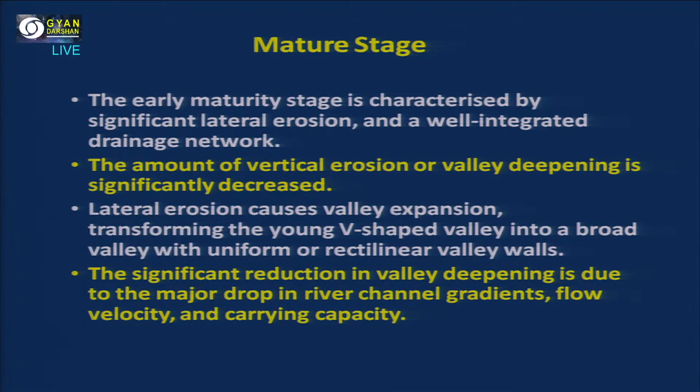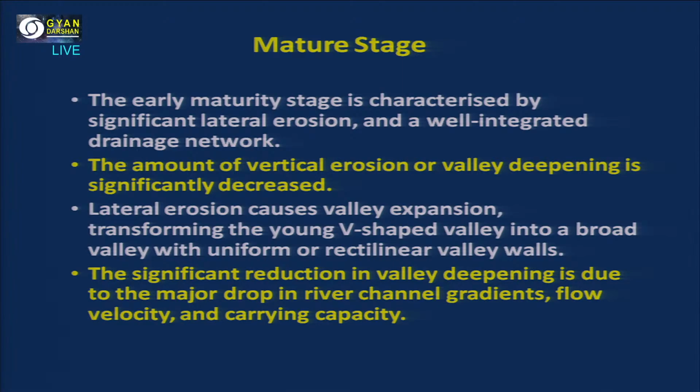The third stage is the mature stage. The earlier part of the maturity stage is characterized by significant lateral erosion as compared to the downcutting or the vertical erosion in the initial and the youthful stage.